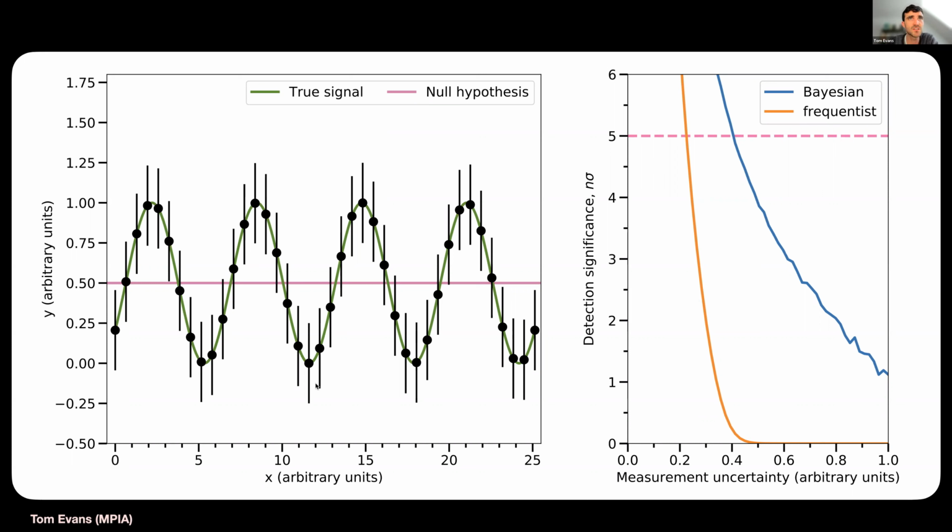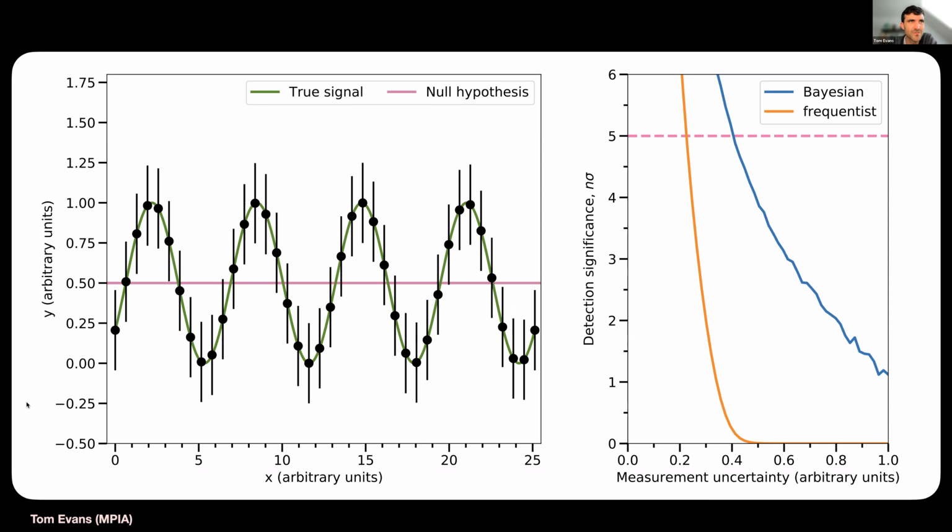I think that's because if you've got a signal like a sinusoid here, and you're not taking into account the ordering of these data points, then it could effectively look like random noise, just taken as a data set without any consideration of the ordering. The difference in the Bayesian approach is that you're comparing two hypotheses directly.